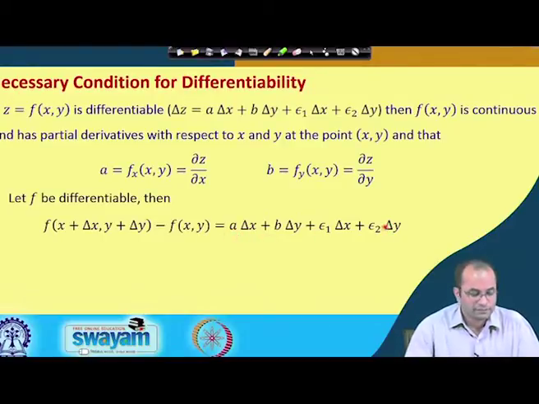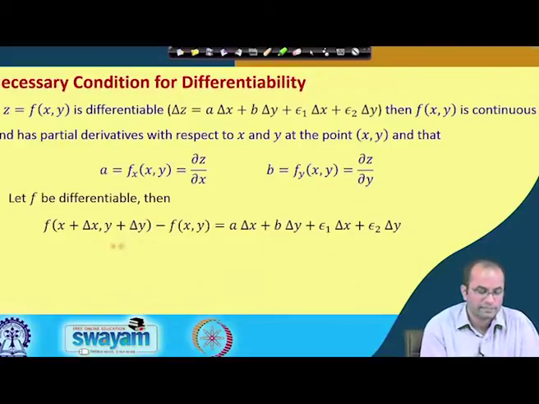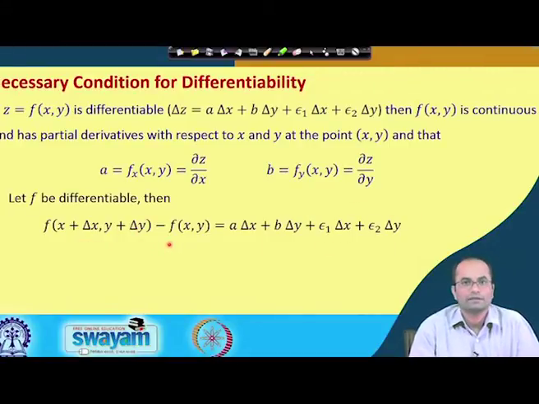Having this, now if we take the limit as delta x goes to 0 and delta y goes to 0, what will happen? Since delta x goes to 0 and a is a finite number, this will disappear, and again this will go to 0. Here also, since epsilon goes to 0 and delta x goes to 0, this term will go to 0 and also this term will go to 0.